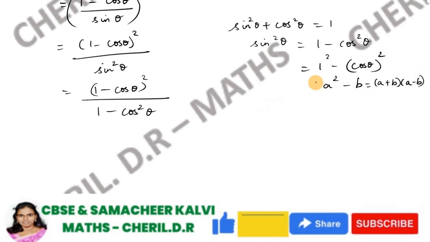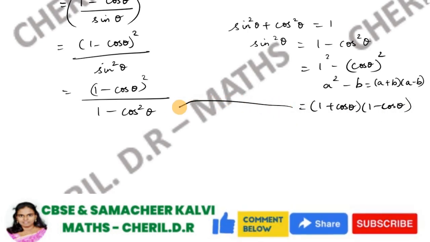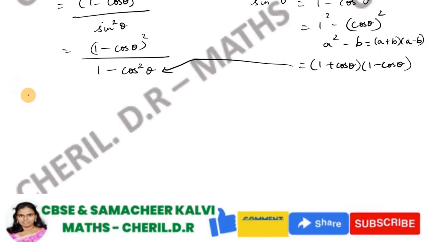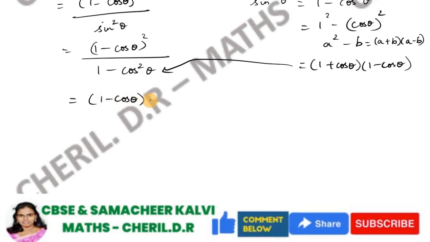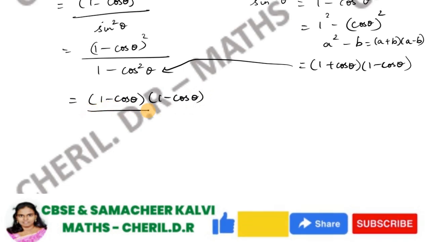Can we substitute that here? So this will become 1 plus cos theta into 1 minus cos theta. So this we will be substituting for the denominator. Even the numerator I am just going to write it twice to expand it. So I am going to write it as 1 minus cos theta into 1 minus cos theta divided by, what will be 1 minus cos square theta?